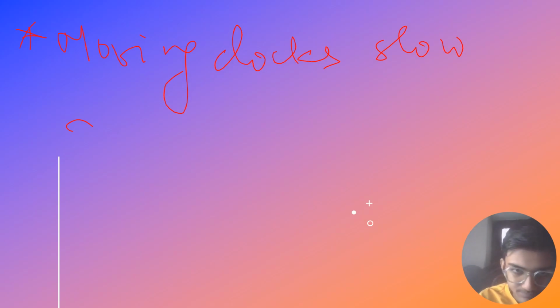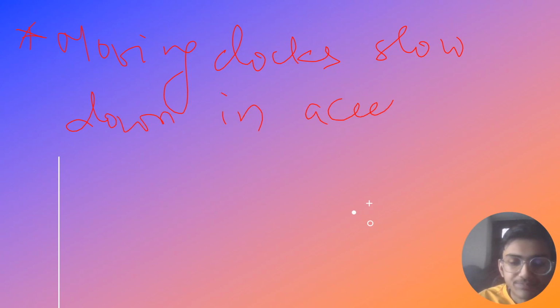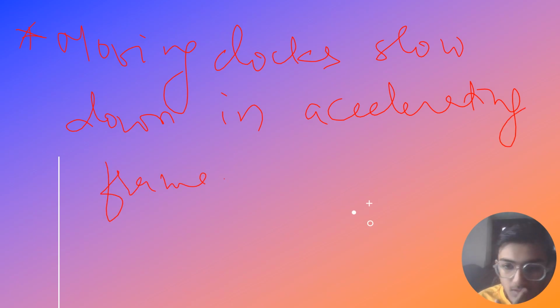Let's take an example. A moving clock slows down. What does it mean? Take the same example, the ground frame and the crane frame. If someone in the ground frame is seeing his clock, he is reporting, suppose, 5:30 p.m. IST.